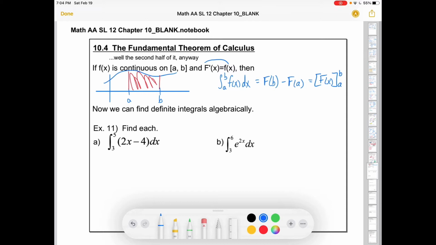Another way to write the fundamental theorem of calculus, which is in some ways less helpful but more illuminating, is this. The definite integral of some derivative is just the original function at b minus the original function at a.